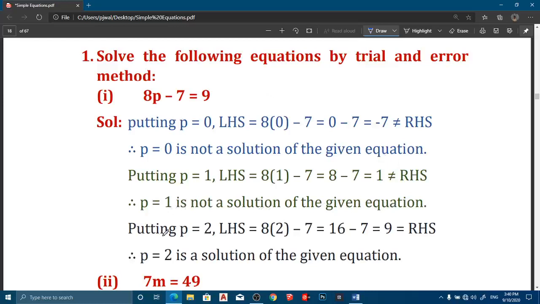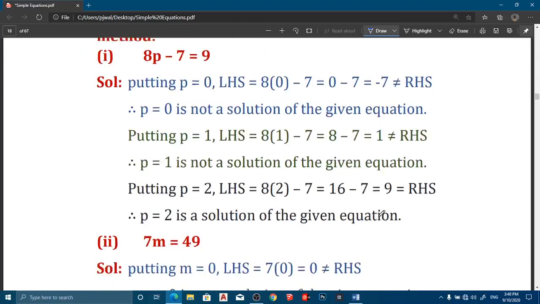Next, putting p is equal to 2 as trial number 3, the LHS is 8 into 2 minus 7, which is 16 minus 7 is equal to 9, which is equal to the RHS value 9. Therefore we can conclude that p is equal to 2 is a solution of the given equation. So this is the trial and error method.